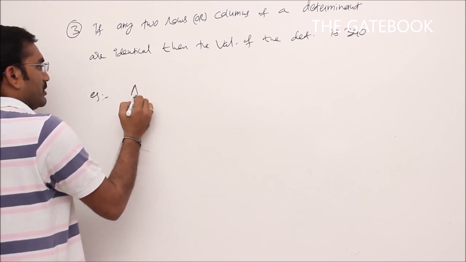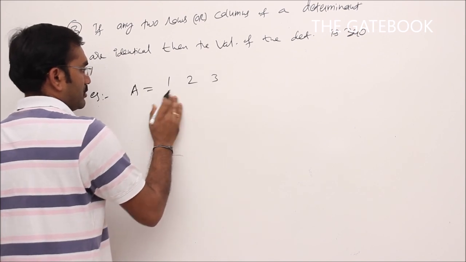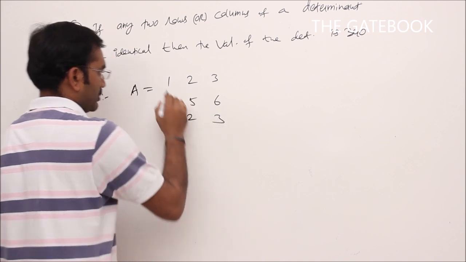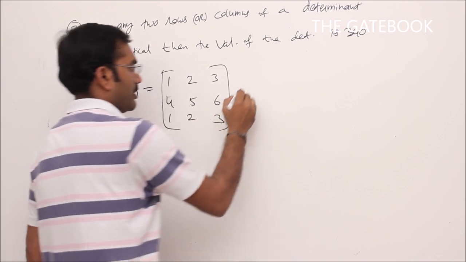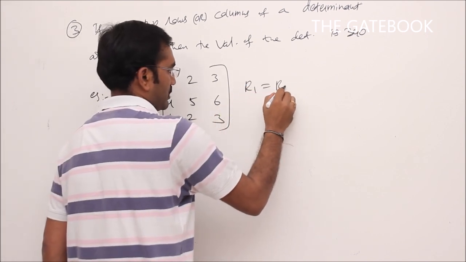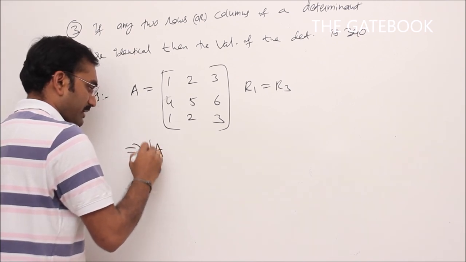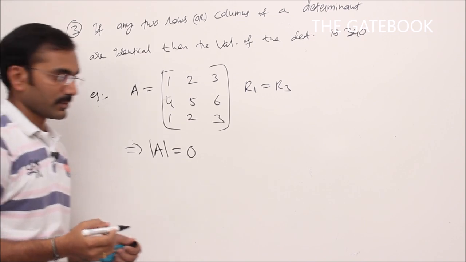For example, A is equal to 1, 2, 3, 4, 5, 6, 1, 2, 3. So here R1 and R3 are identical. R1 is equal to R3. Therefore, I can say the determinant of that matrix A is 0 using that property.